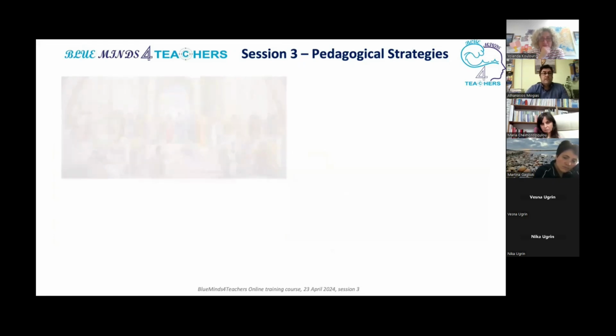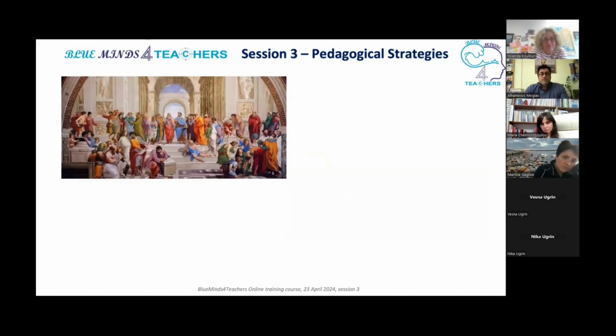In this first image, as you can see, we see Raphael's well-known work. It is called The School of Athens, or Scuola di Atene in Italian, with Plato and Aristotle walking in the center of the picture, discussing between each other and surrounded by their students.